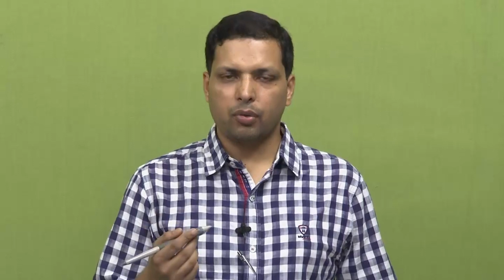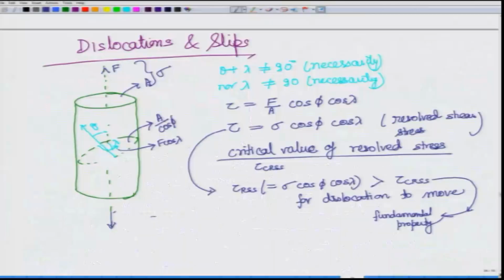Which particular one will get activated first will depend on the orientation of the crystal. So, orientation of the crystal will help you understand, given the sigma value, what will be the tau RSS, and from that you would compare for all the different possible slip systems, and whichever exceeds the tau CRSS first will start to slip or will get activated.